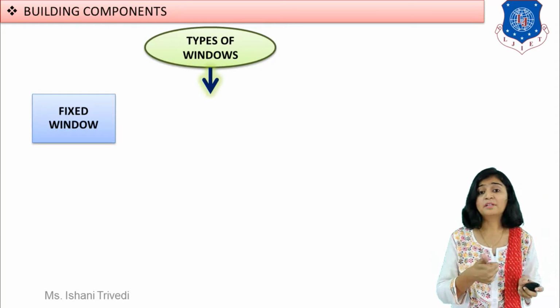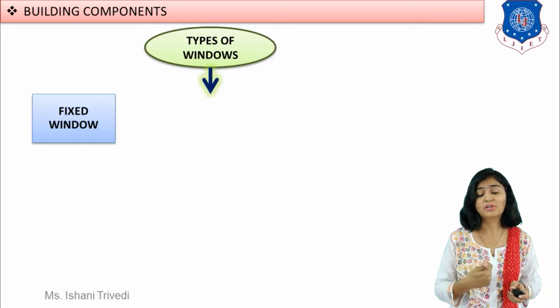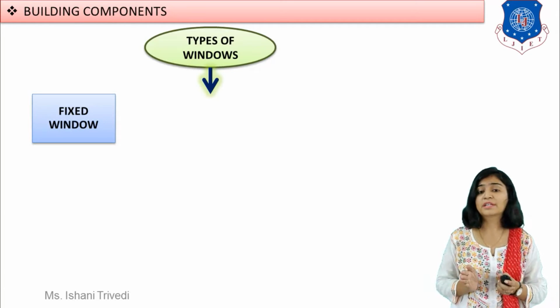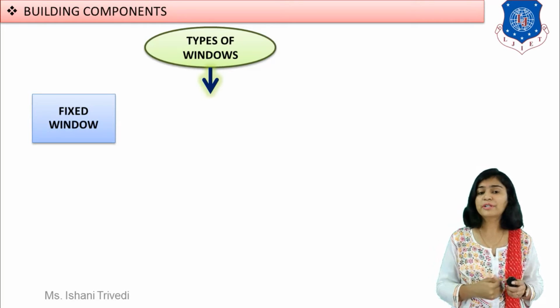Now see, if I am saying all these things, it means that you have seen the lecture on the components of a typical door. The components of the typical door are going to remain the same for the window, because it is one and the same. The difference is the types will be different, the size is different, the purpose is also different, correct?